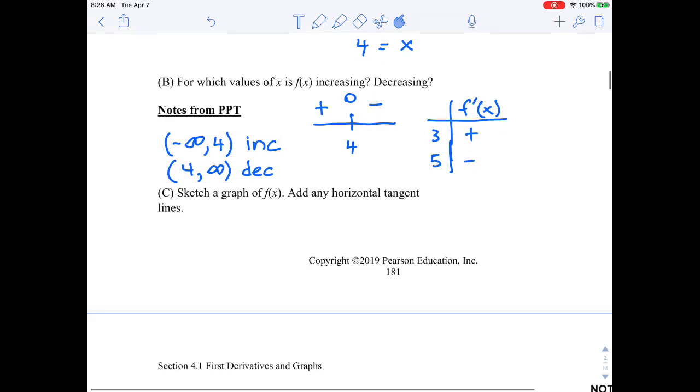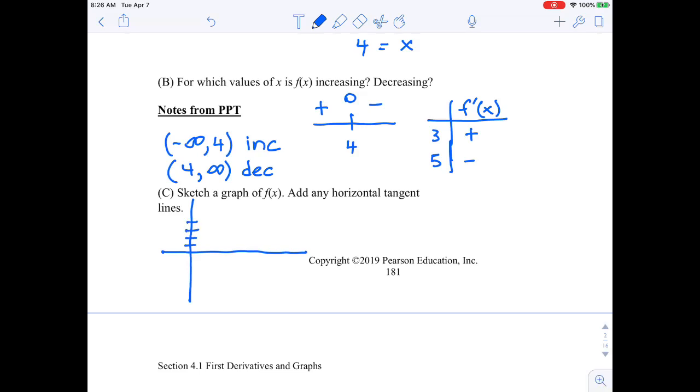So what might this look like? Again, you're not going to be concerned about sketching as of yet, but you can start practicing if you want. So we know one of our values is 4.